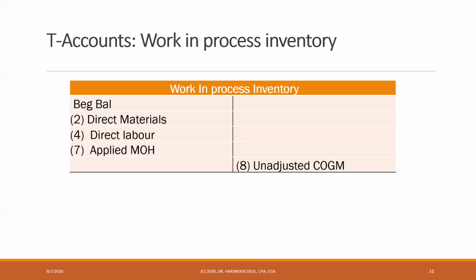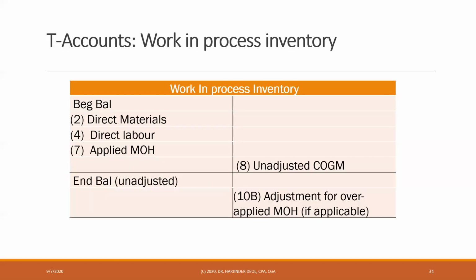Typically, there will be some goods that still remain in work in process. So there will be an ending balance for work in process. Now you will recall that if the manufacturing overhead was over applied, then an adjustment is made to three accounts: work in process, finished goods, and cost of goods sold.